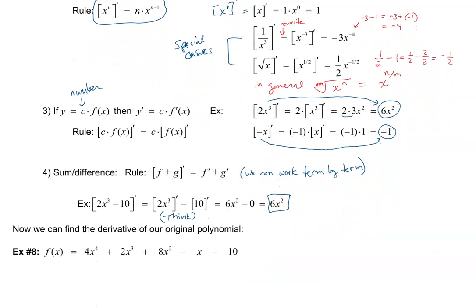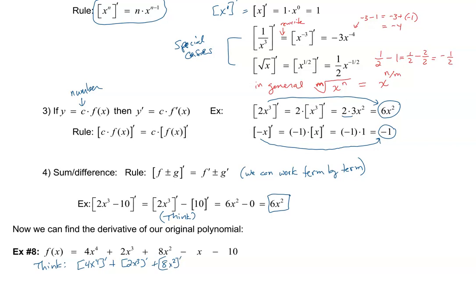Now we can find the derivative of the original polynomial. So this was number 8, f of x equals 4x to the 4th plus 2x cubed plus 8x squared minus x minus 10. We've done a lot of these pieces up above. I will just remind you, this is a thinking step. I probably would not do this ever once I get past my first few examples, but I realize that, oh, I can just take the derivative of each piece separately.